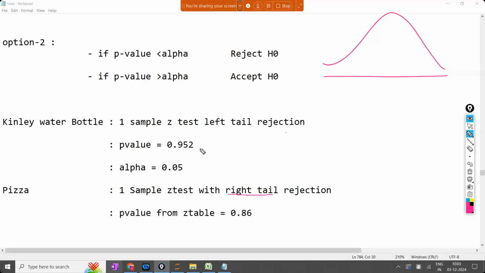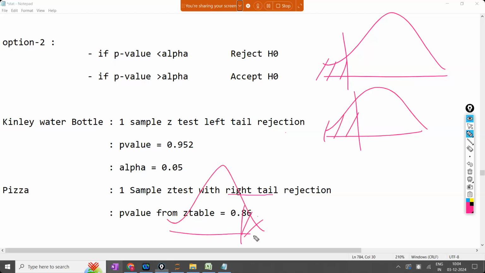The test is also on the left side, rejection is on the left side, and the probability is also on the left side. From the Z table also you are getting the left side area only, so both are on the same side. For a right tail test, rejection is on the right side, but the area you are going to get from the Z table is the left side area.